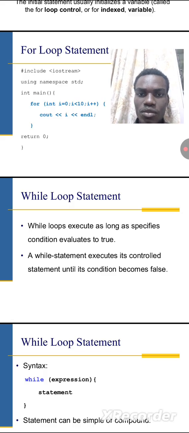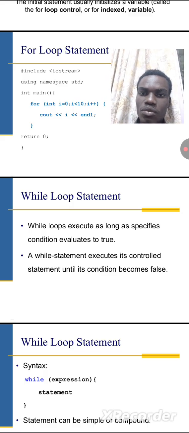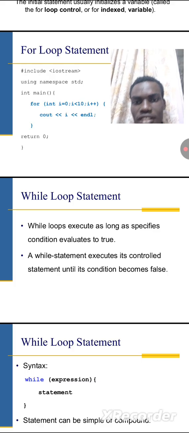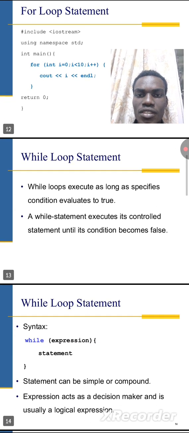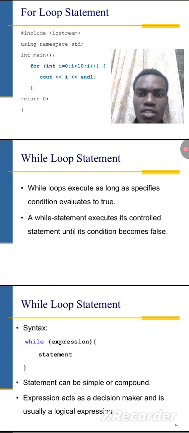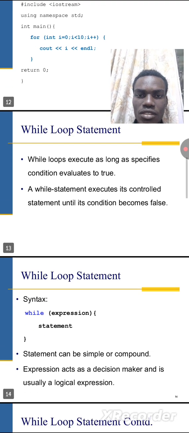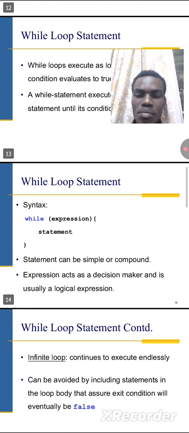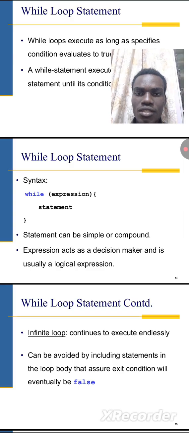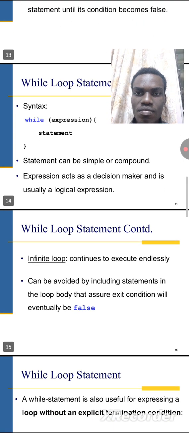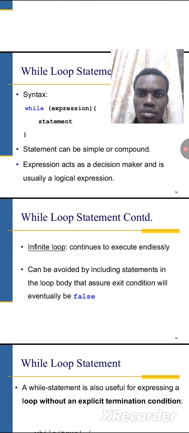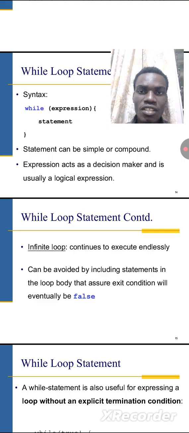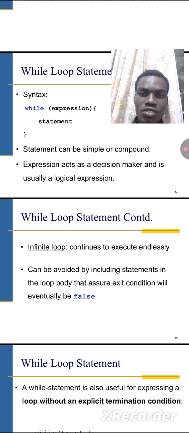A while loop executes as long as the specified condition evaluates true. A while loop statement executes its control statement until its condition becomes false. So here is the syntax. We have the while and then the expression, and after you have expressed it, you bring the curly brackets and you give your statement.